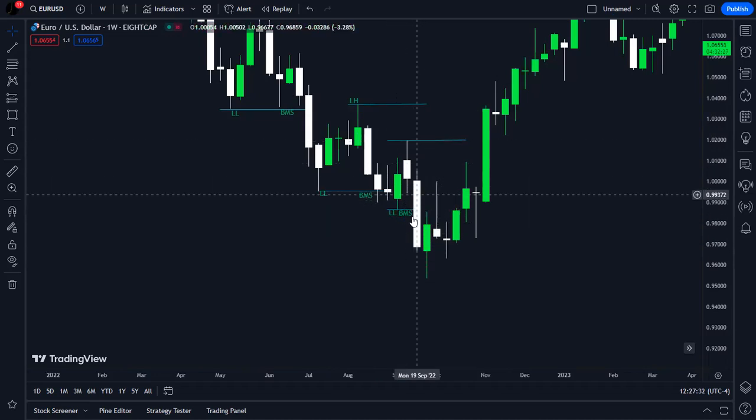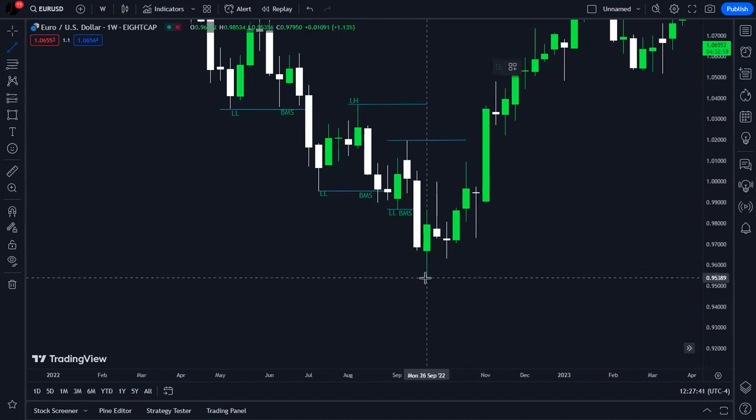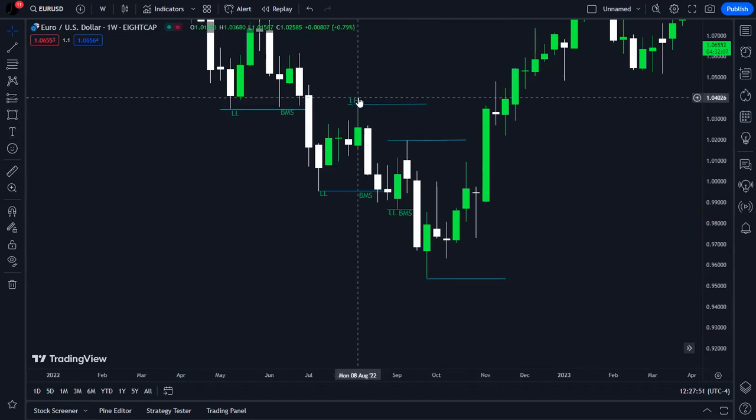Immediately this candle breaks and closes below this lower low, then we have a new dealing range. The new dealing range being this lowest low down here. So this is the lower high.